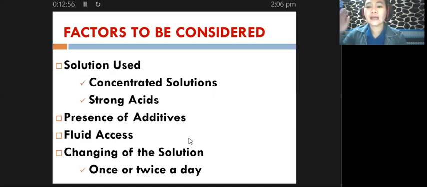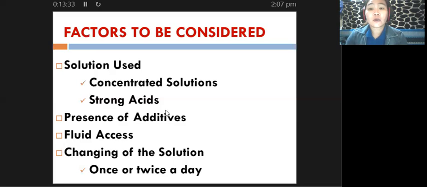The problem with concentrated solutions is that they are more detrimental to your tissue samples and they will have a worse effect on the staining of your tissue sample.